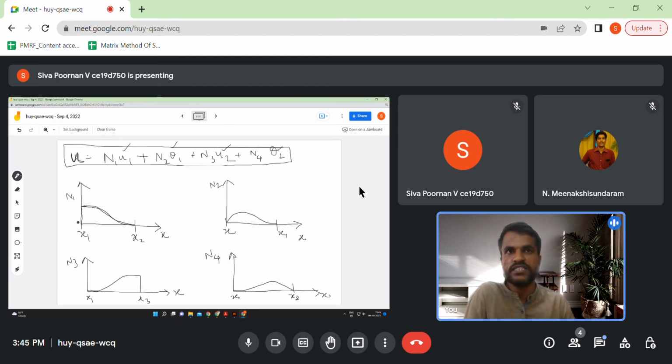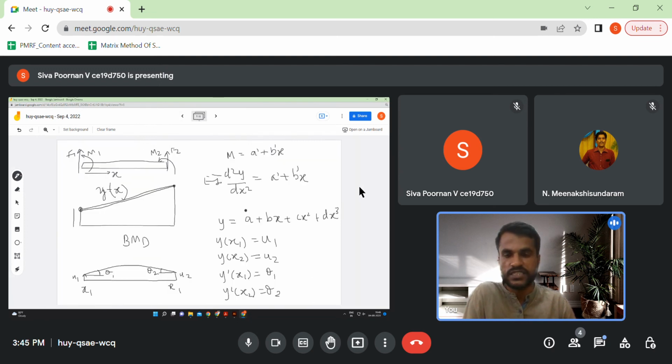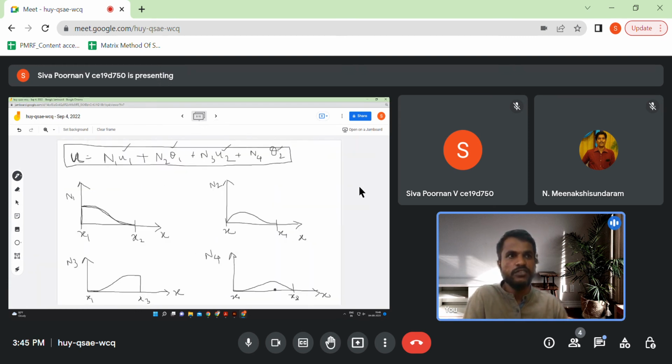This problem we can solve using the double integration method or something like that. We can solve it directly using the double integration method, or we adopt the procedure that we have discussed here. Either one works. Since you know the concept of shape function, you can solve these four problems of giving a unit displacement, making all the other displacements zero, and finding the exact y of x.